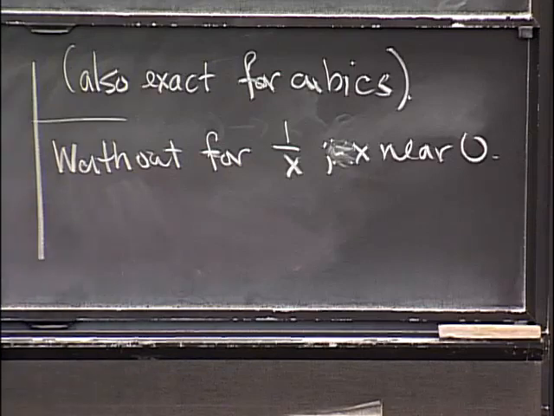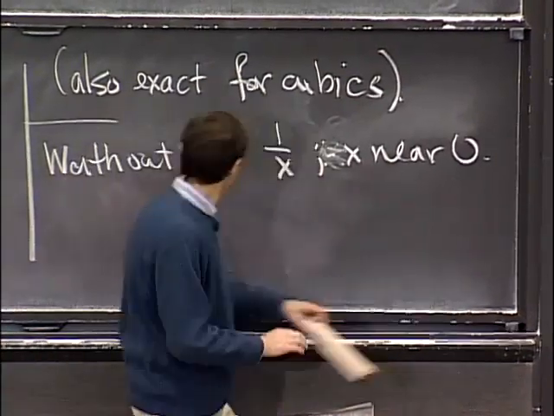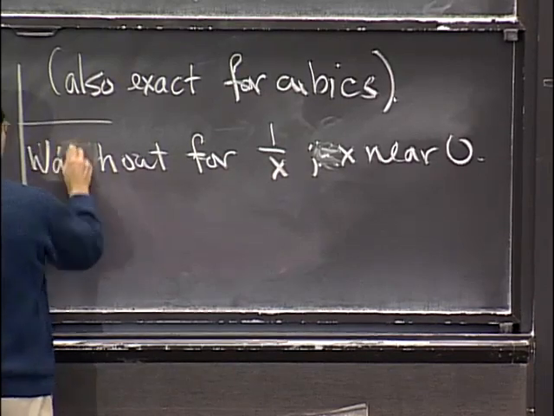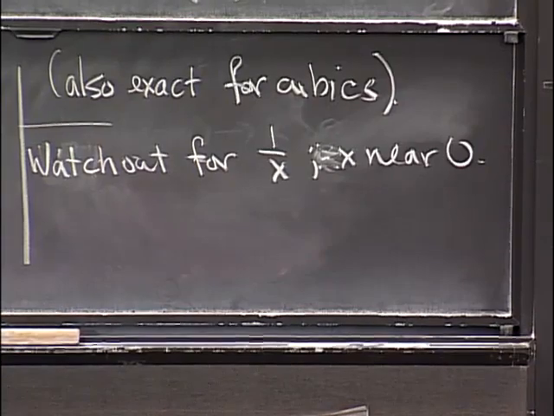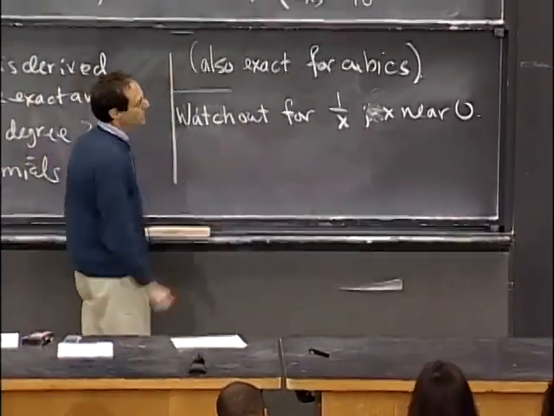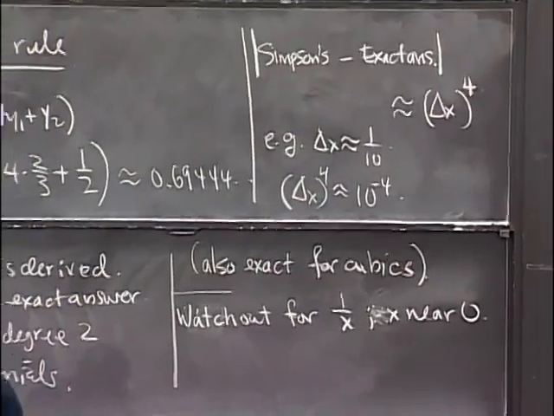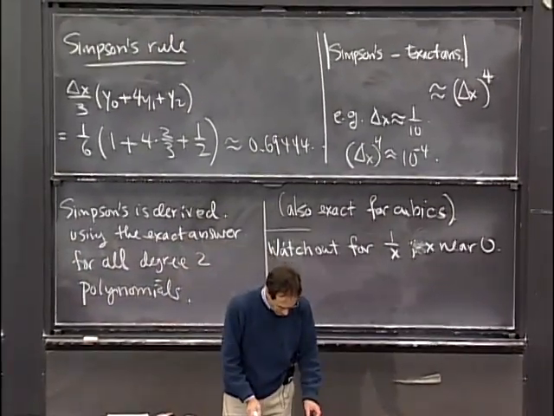You really need for the function to be nice and smooth in order for Simpson's rule to work. Watch out for whenever x is near 0. Then this thing doesn't work. This thing really depends on bounds on derivatives. But I'm going to be relatively vague about that. I'm not attempting to give you an error analysis here.